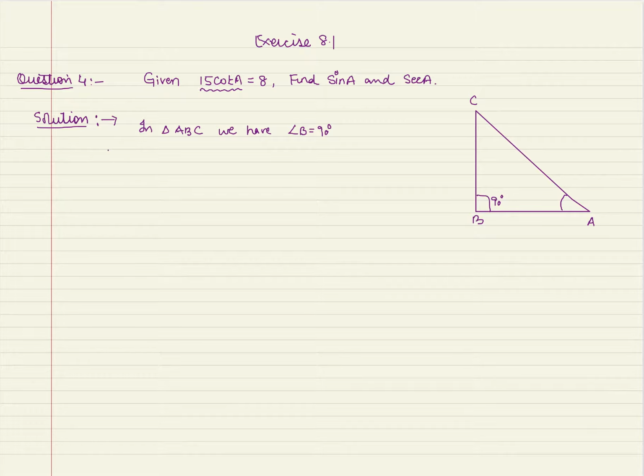So starting with 15 times cot A is equal to 8. This means cot A is equal to 8 by 15.